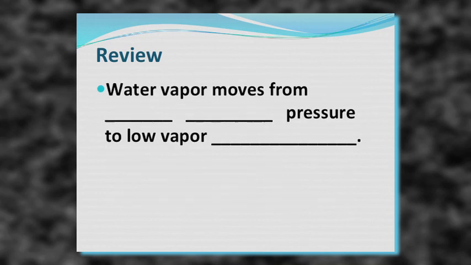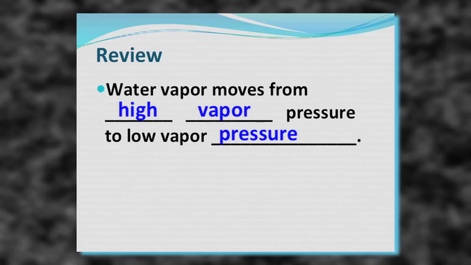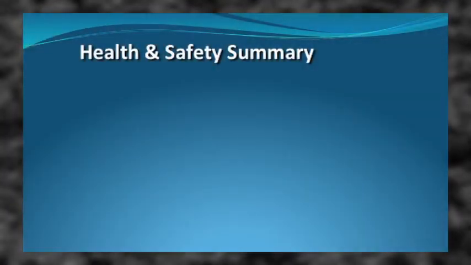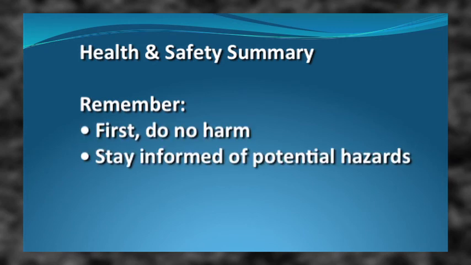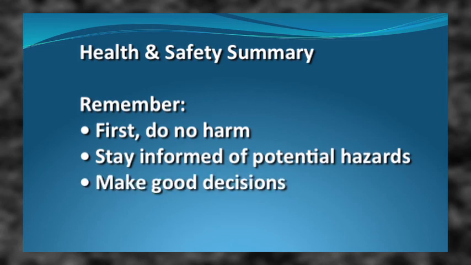Water vapor moves from high vapor pressure to low vapor pressure. When it comes to health and safety, we need to remember that when we're in a client home, we want to do no harm. We need to keep ourselves informed about hazards, make good decisions, and keep safety foremost in our minds.